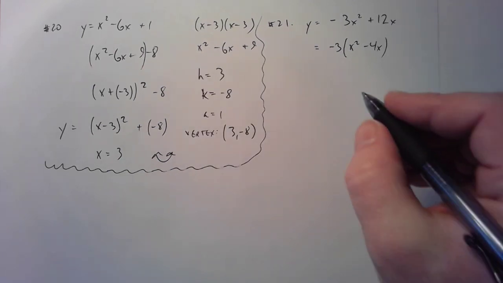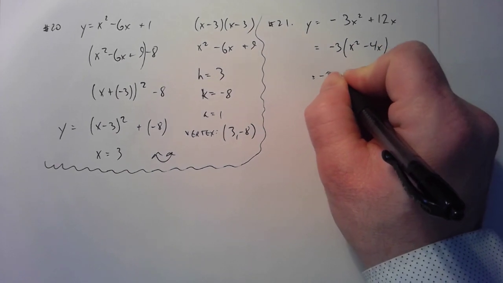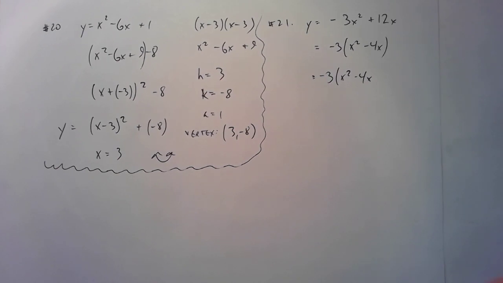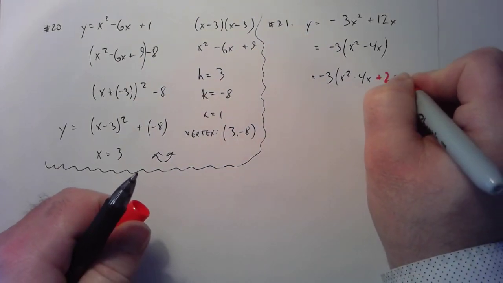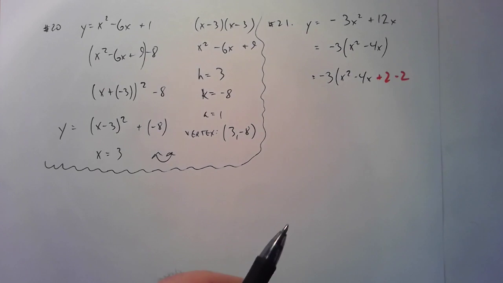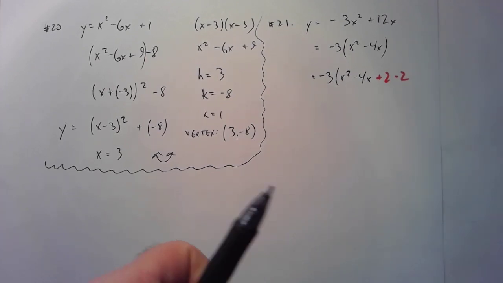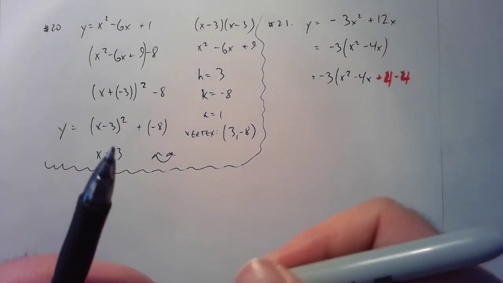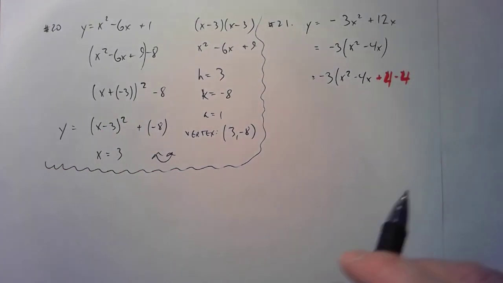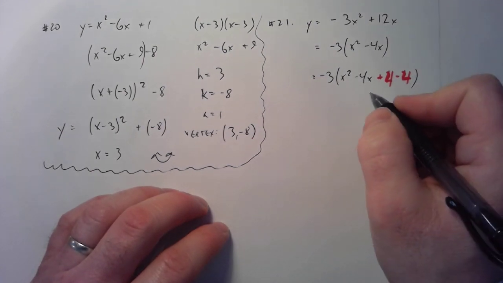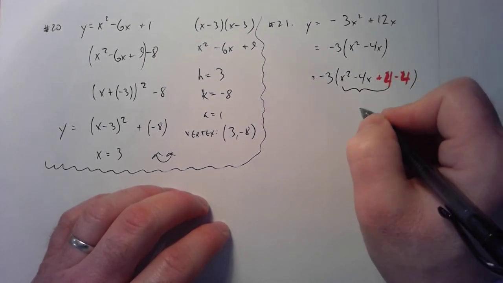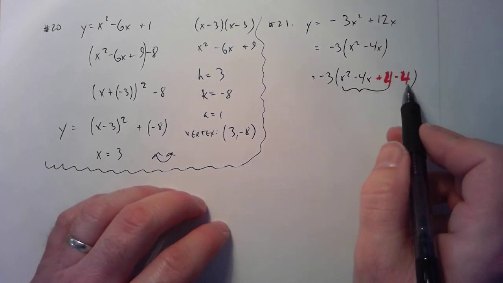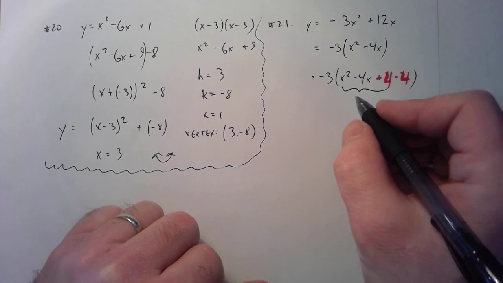So, if this were negative 3 of (x squared minus 4x plus 4 minus 4), I'm thinking 2 squared. This is (x minus 2) squared. That negative 3 times that negative 4, distribute, makes a plus 12.